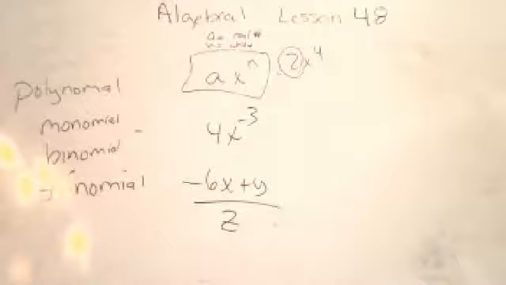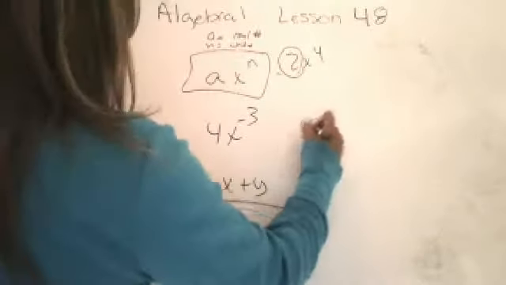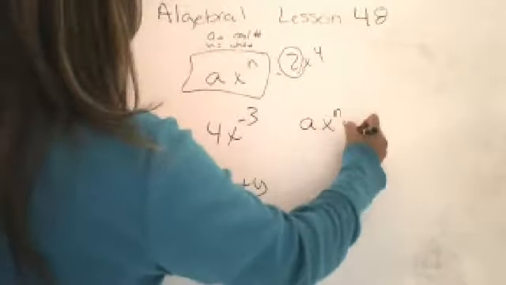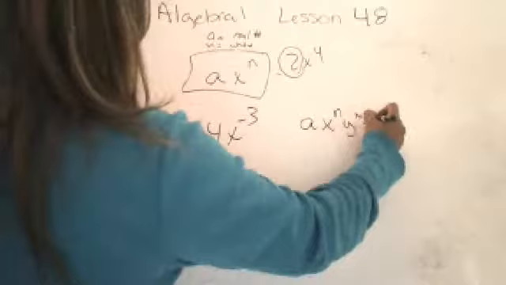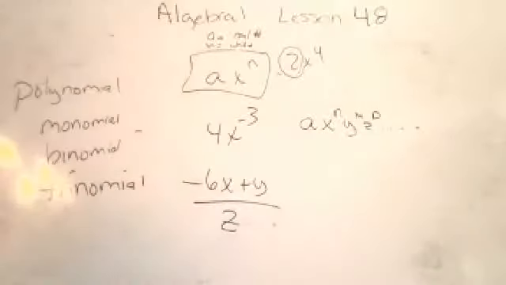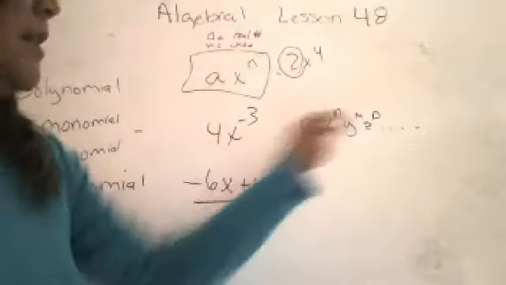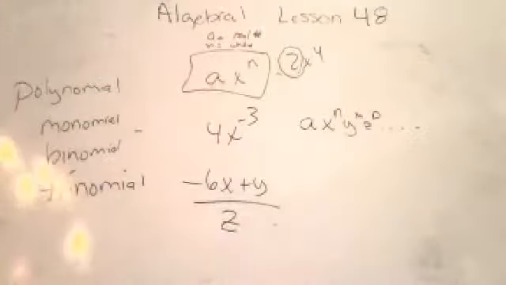So let's look at the following. A polynomial, one or more unknown, is an algebraic expression having only terms of the form a x to the n, y to the m, z to the p, dot, dot, dot. Those are also polynomials with more than one unknown. Your unknowns are x, y, z. A is still your coefficient.